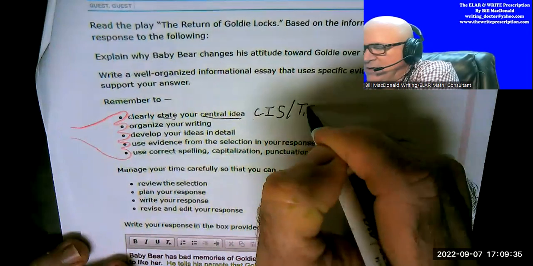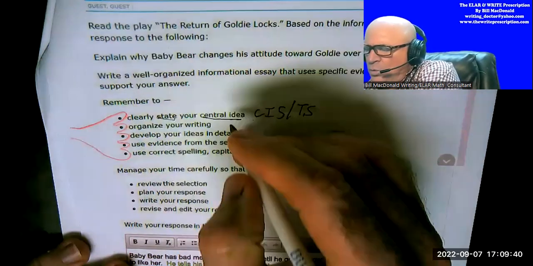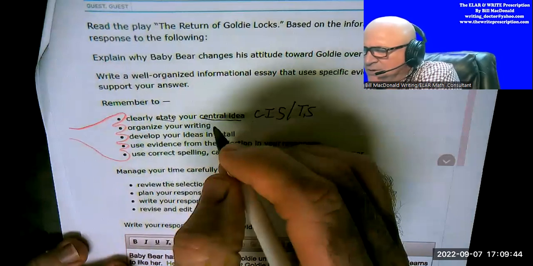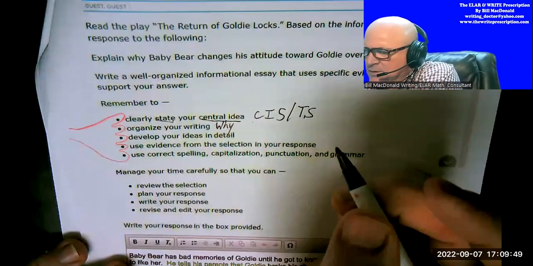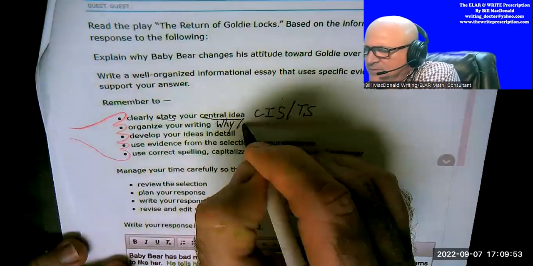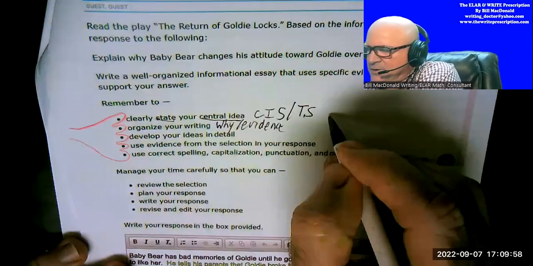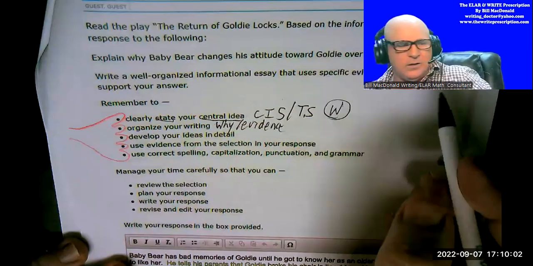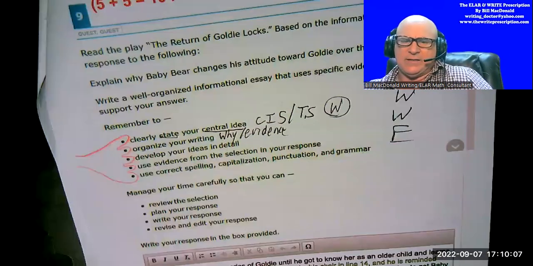In order to get to a 1, what they're going to look for is why, give me some reasons why you chose your answer that will help the reader understand, and give me some evidence.